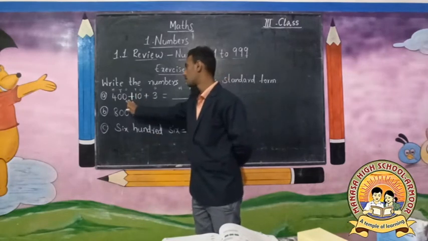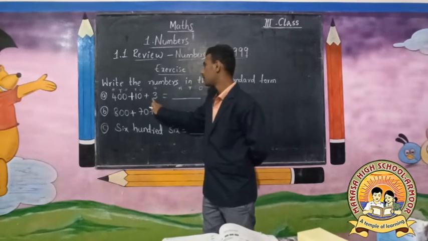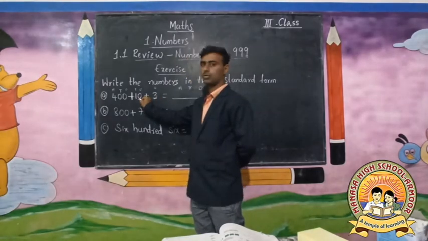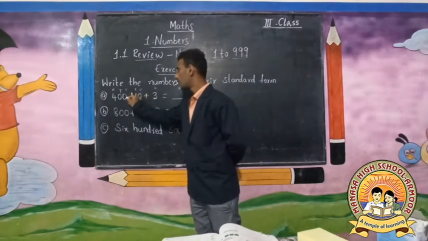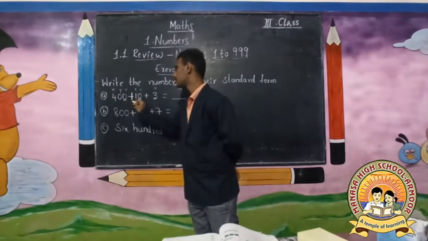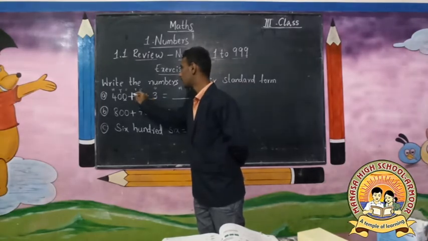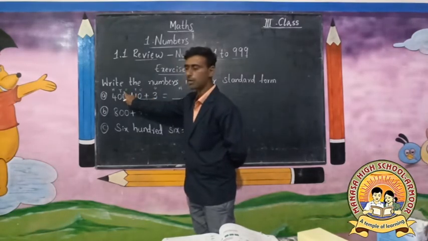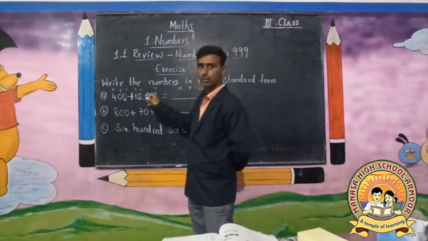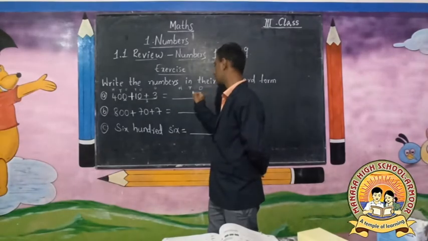So 400 plus 10 plus 3: in ones place, 3 plus 0, 3 plus 0, 3. So in ones place we got 3. Write 3.